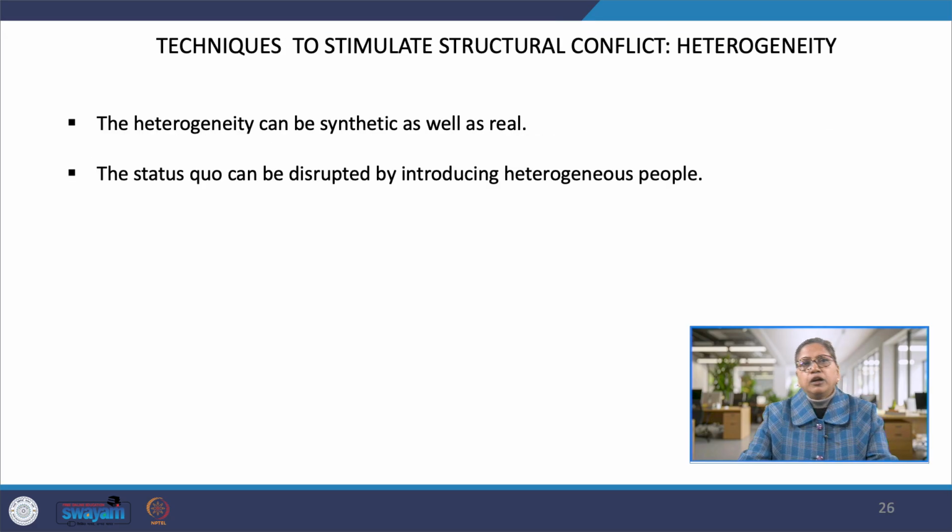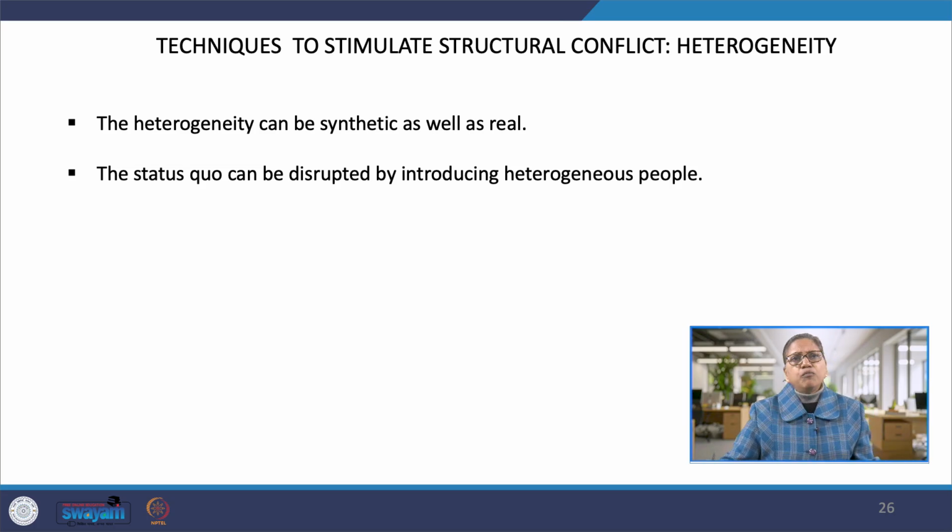Another technique to stimulate structural conflict is heterogeneity. One way in which to shake up a stagnant unit or a very stable unit is to add one or more individuals whose background, experience, values may vary significantly from those currently held by the members of the unit.